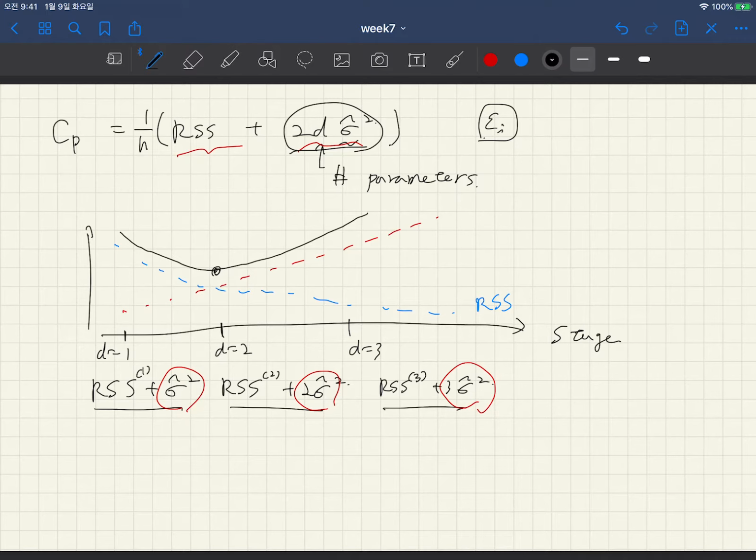But one remark here is that Cp cannot give you the best subset size; it is just a nice guide. In practice, if you follow the Cp rule, usually you get a reasonably good subset size, and you can expect a reasonably good test error, but this does not guarantee the best model. And this is Cp.